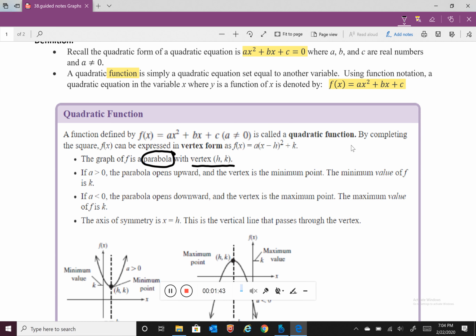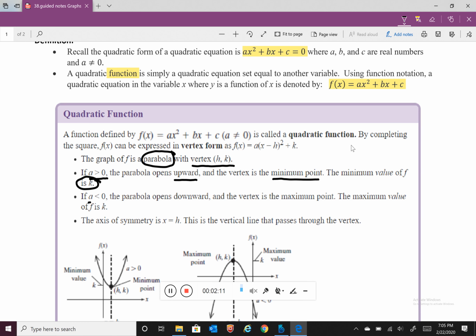There are other particular properties of parabolas that we're going to explore at a later point. And one is that if a, the leading coefficient, is positive, then our function is going to open upward and the vertex is going to be a minimum point. The minimum value of the function will be the k value.